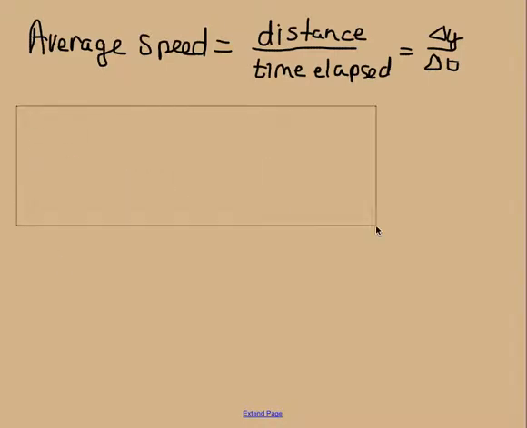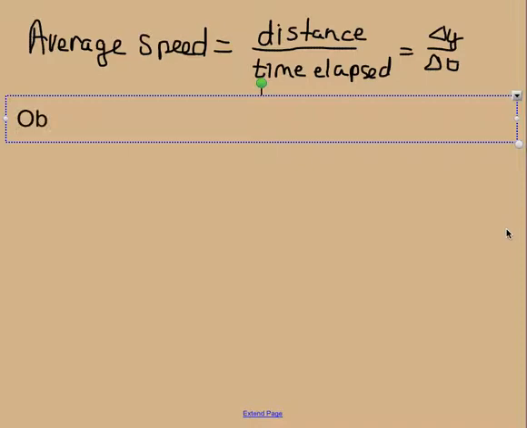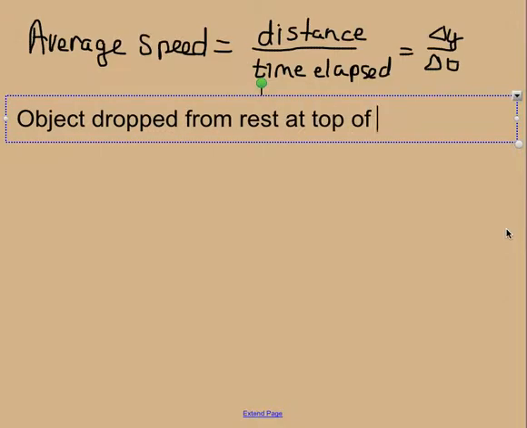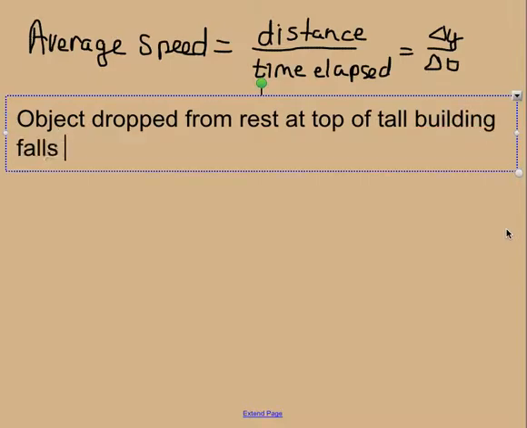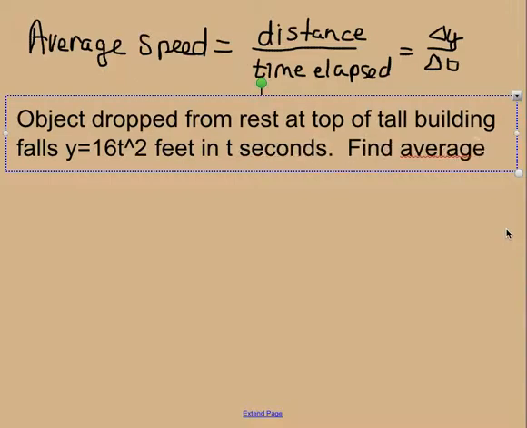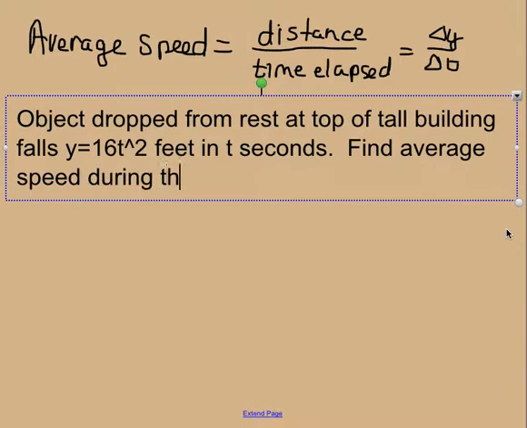We have an object dropped from rest at the top of a tall building, and it falls y equals 16t squared feet in t seconds. The question for us is find the average speed during the first 3 seconds.